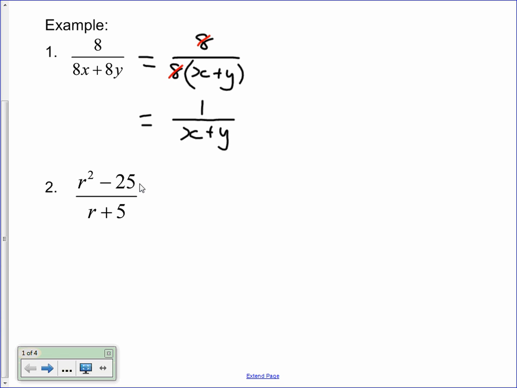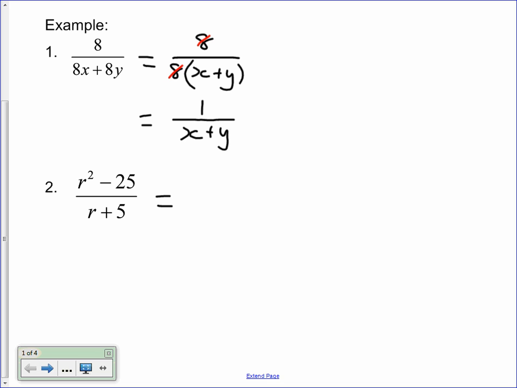It's the difference of two squares. r squared minus 25: r squared is a square, there's a minus sign, and 25 is 5 squared. Hence, it's the difference of two squares. Anyone not see that? You can ask and clarify with me.